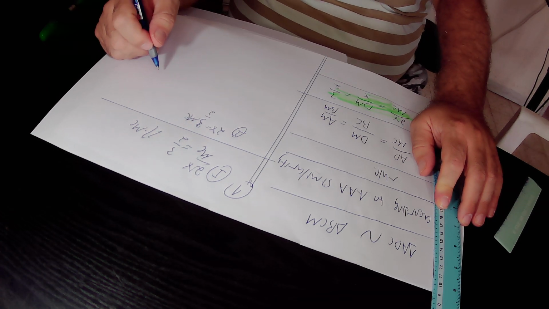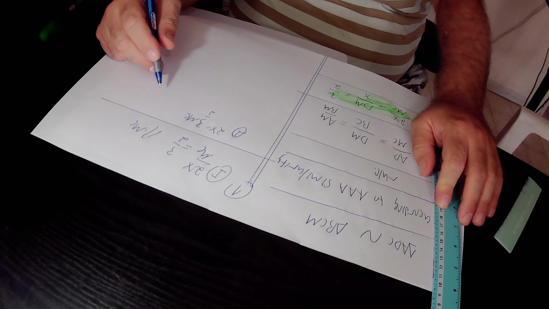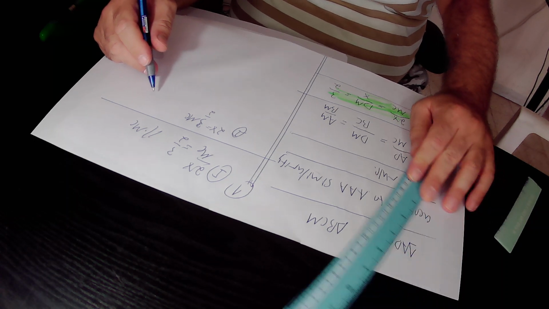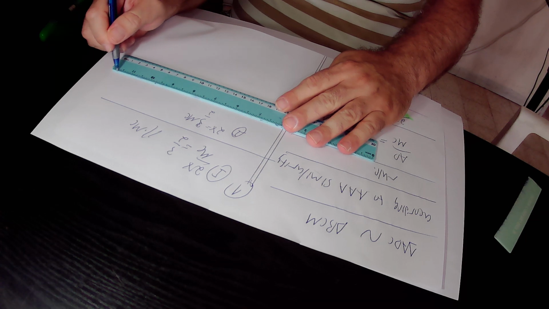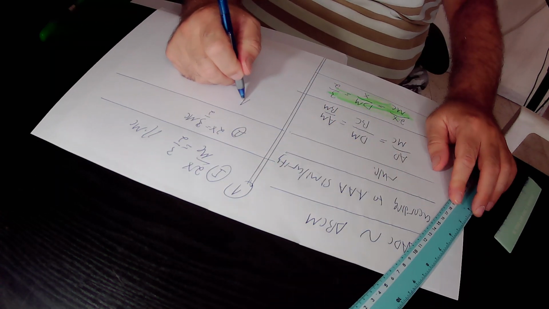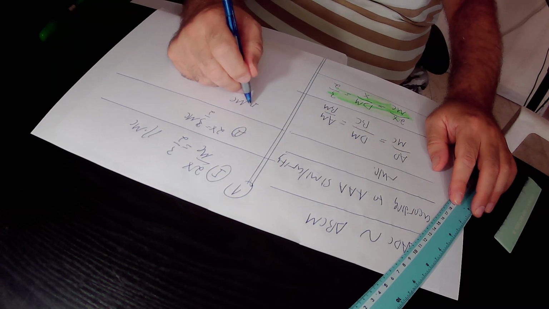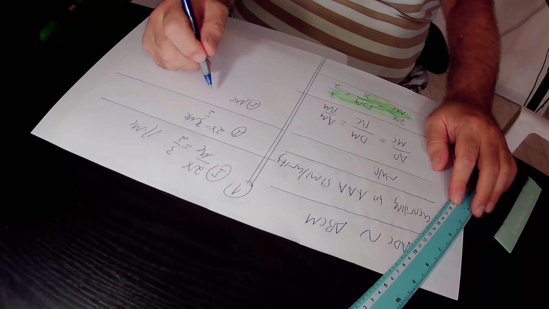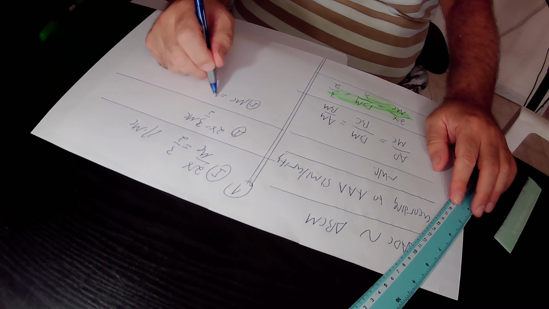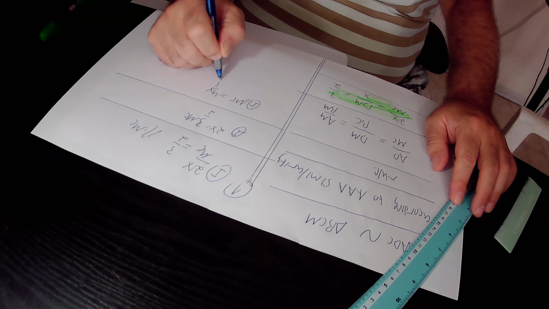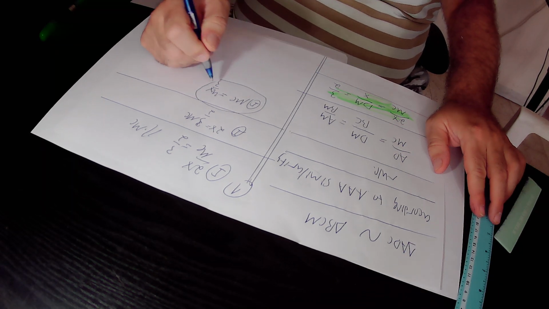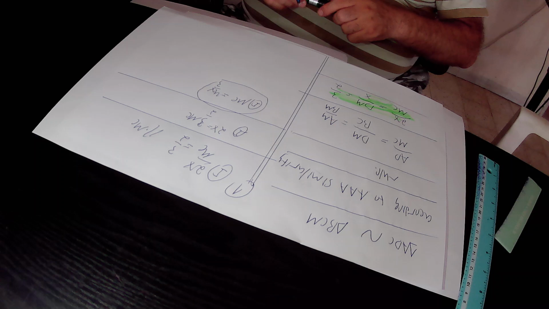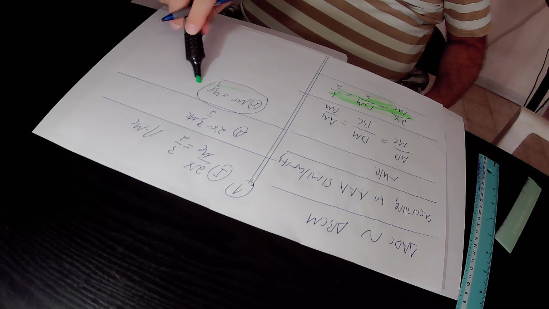Then we multiply this equation by 2 and divide it by 3 simultaneously, and we get that MC, according to equation 1, equals 2 times 2x, that is 4x, over 3.